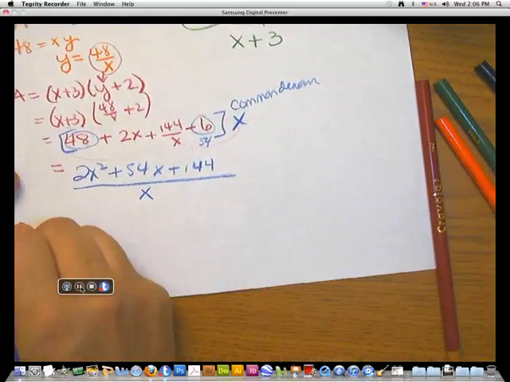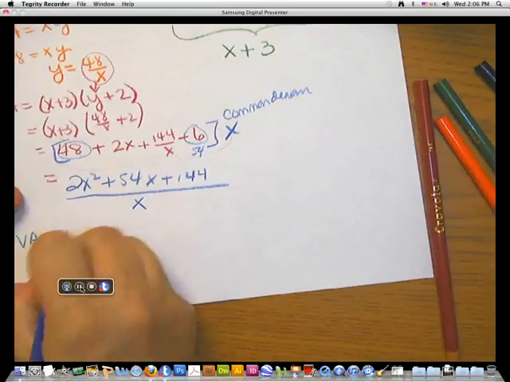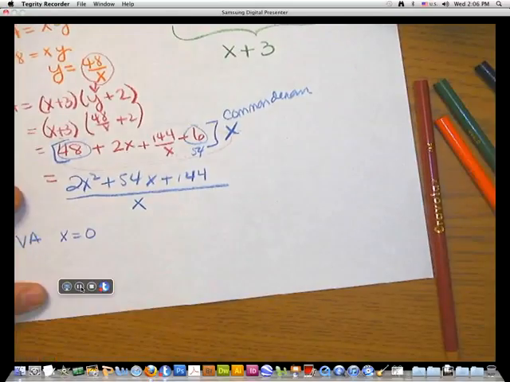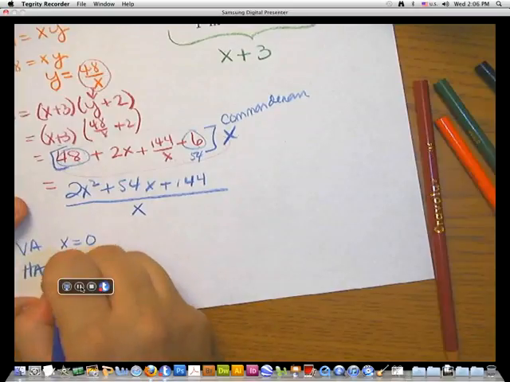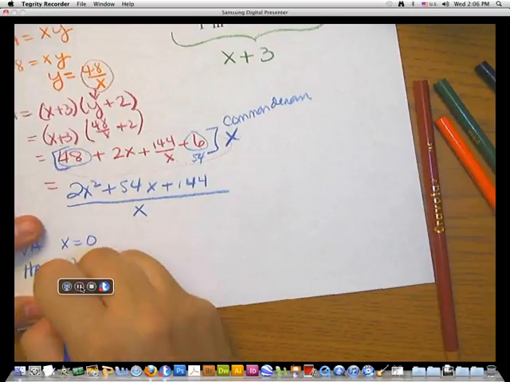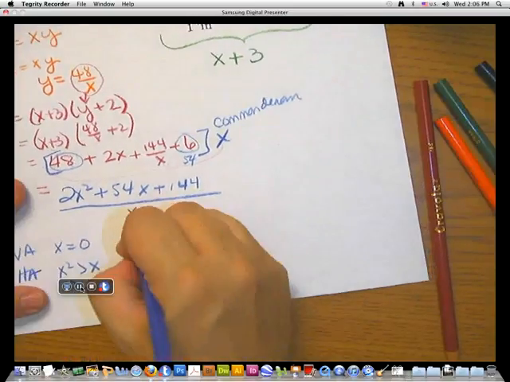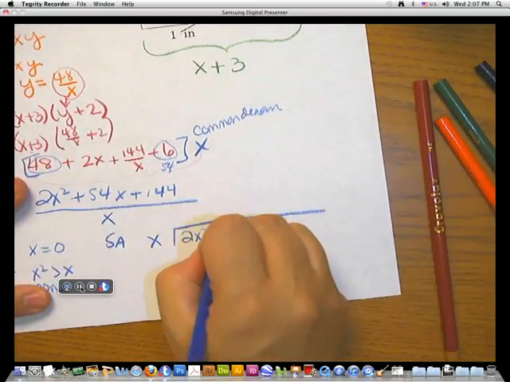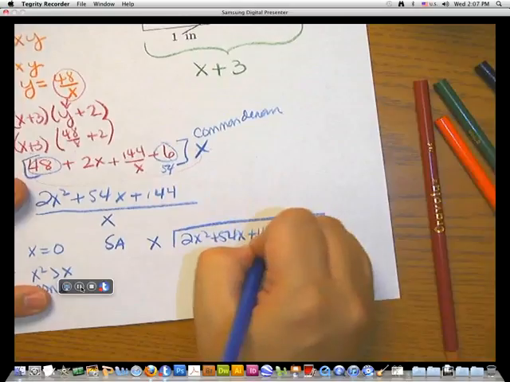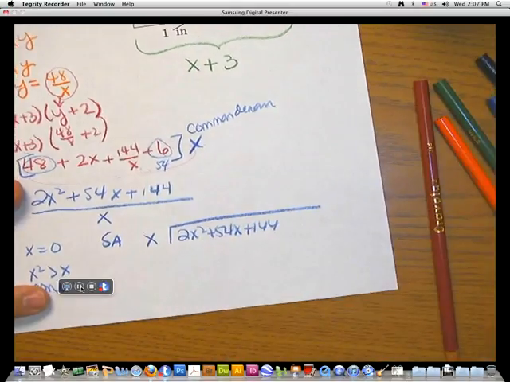Alright, so now we have our vertical asymptote. We get x is 0 because that's our denominator. Horizontal asymptote, we have x squared is larger than x, so it's none. Which means we do have a slant asymptote of x into 2x squared plus 54x plus the 144.